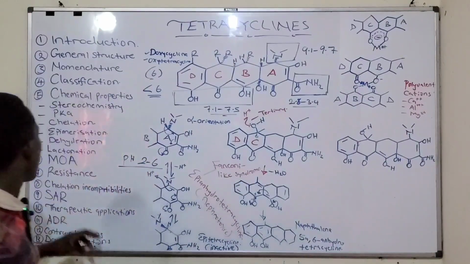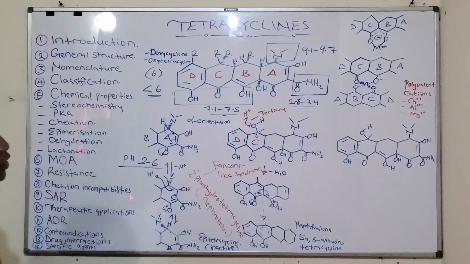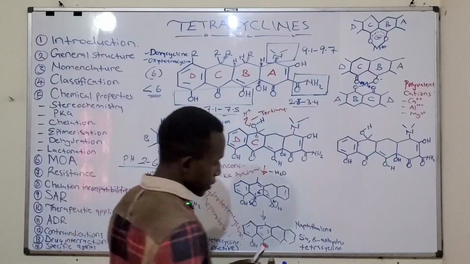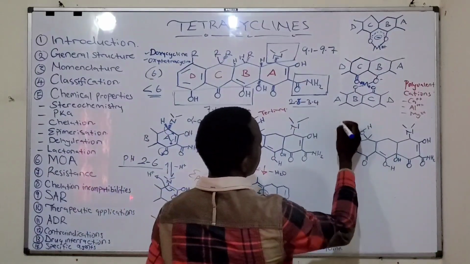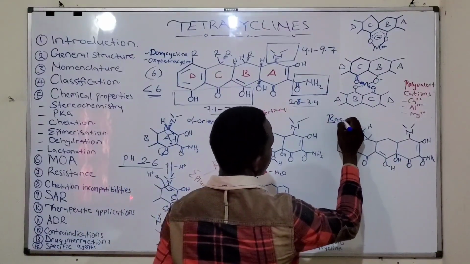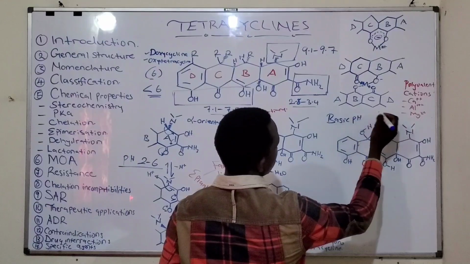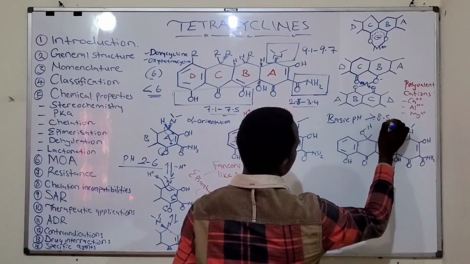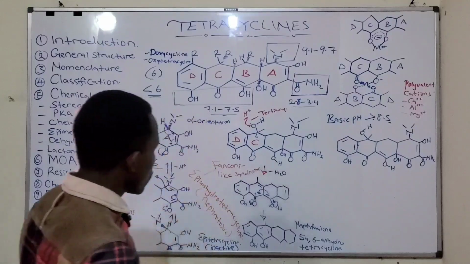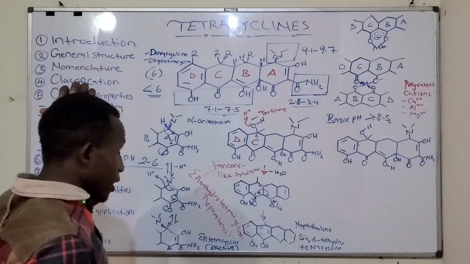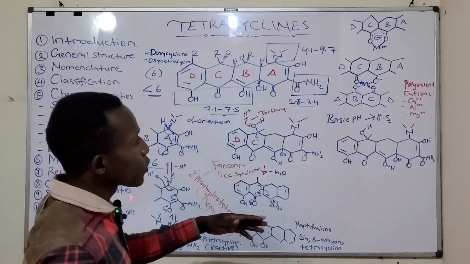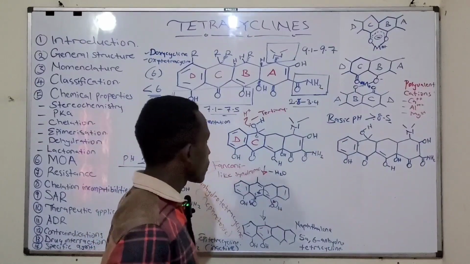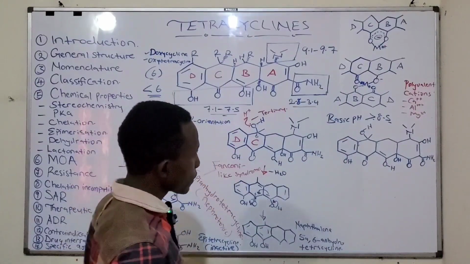Now, lactonation occurs at acidic pH, basic pH, or pH greater than 8.5. So, tetracyclines are complicated. They are inactivated by acid and also by the base or alkalinity.